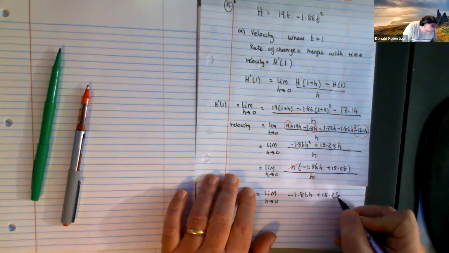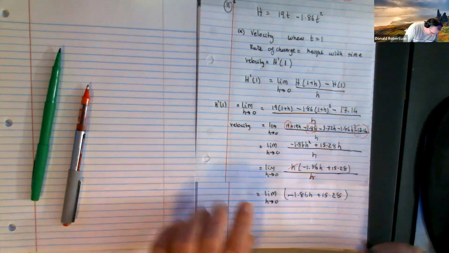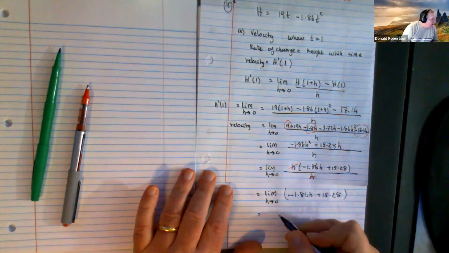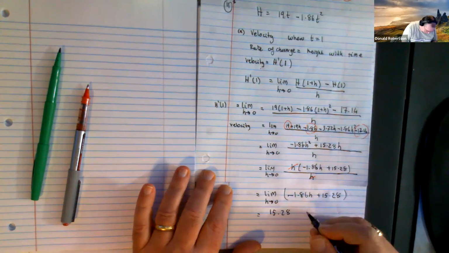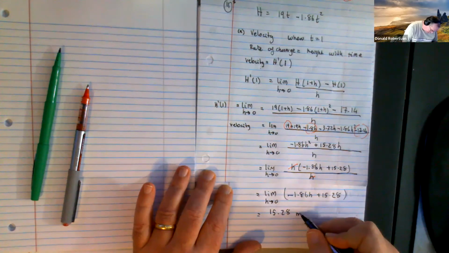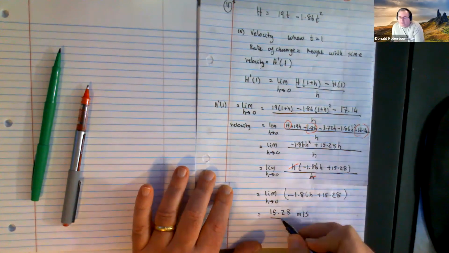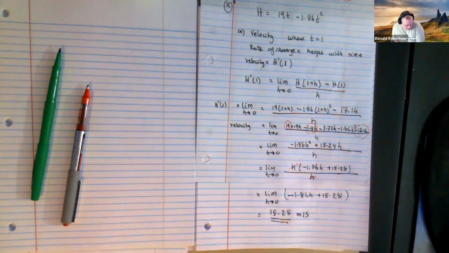And if you plug in 0, you are left with 15.28. And they told me in the question, the answer was in meters per second. So after 1 second, this rock on Mars is traveling at 15.28 meters per second.